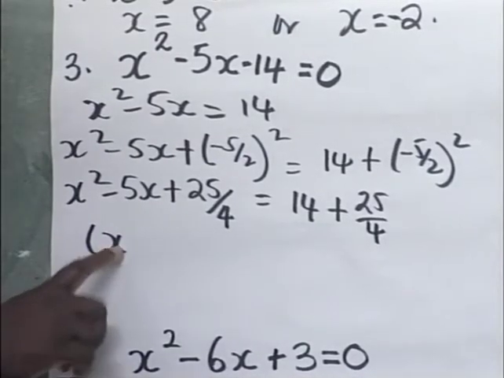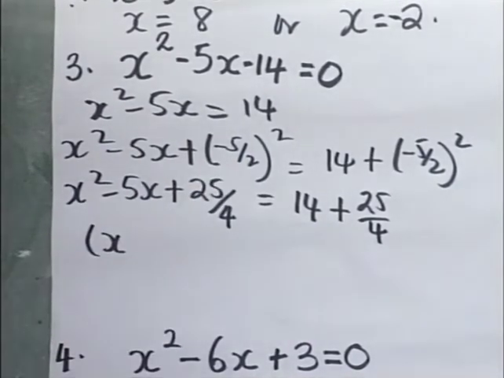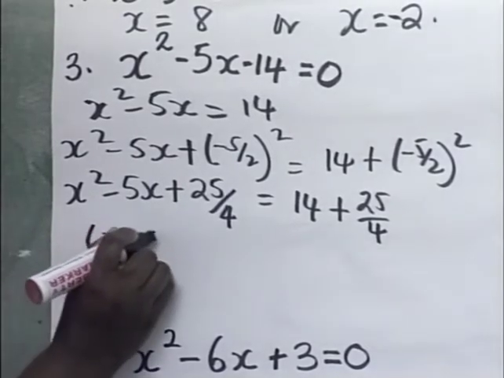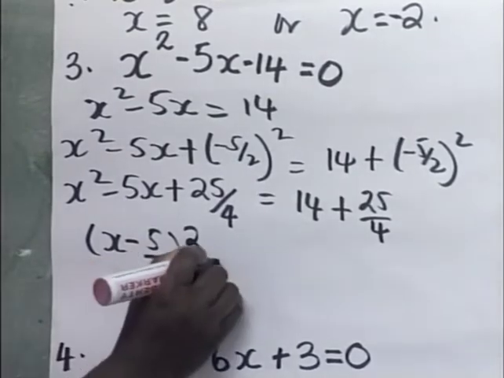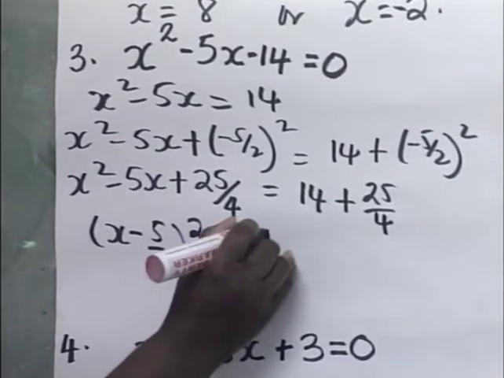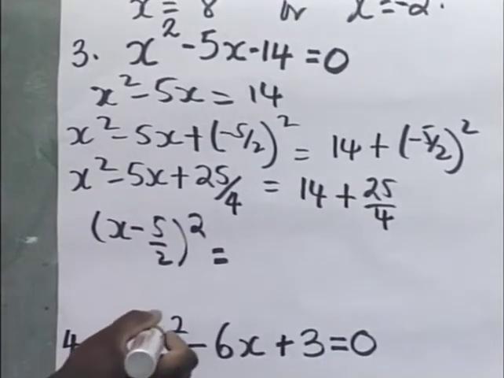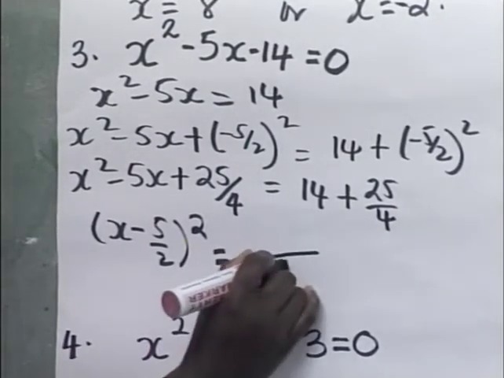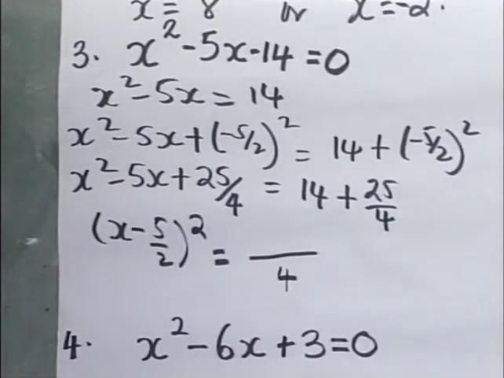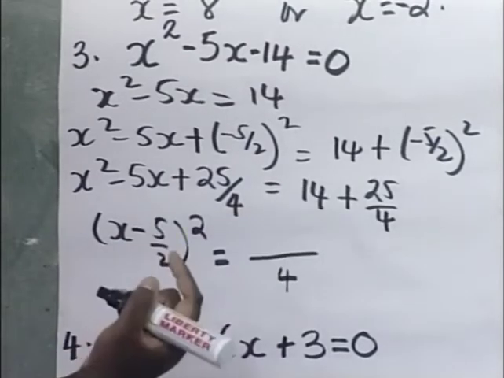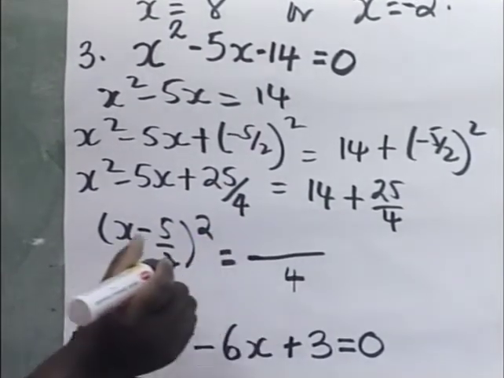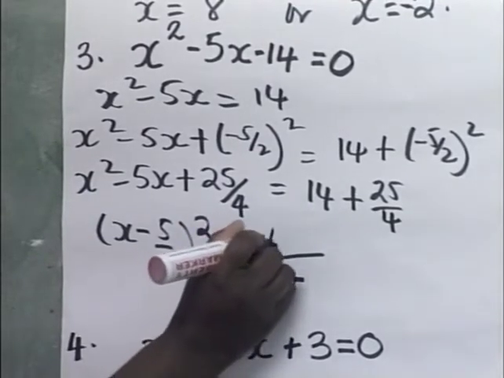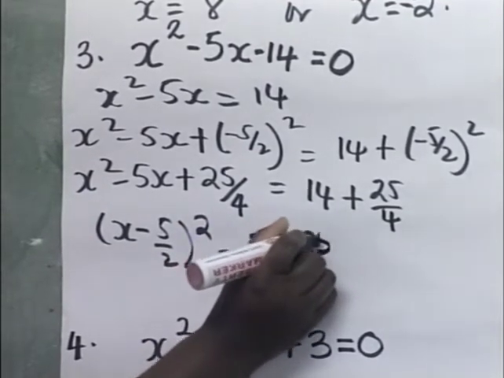So this number is going to be minus 5 on 2. So minus 5 on 2 squared equals 14 plus 25 on 4. If I get the lowest common multiple of 4, I get 4 into 1 is 4 times 14 is 56. I get 56 plus 25.